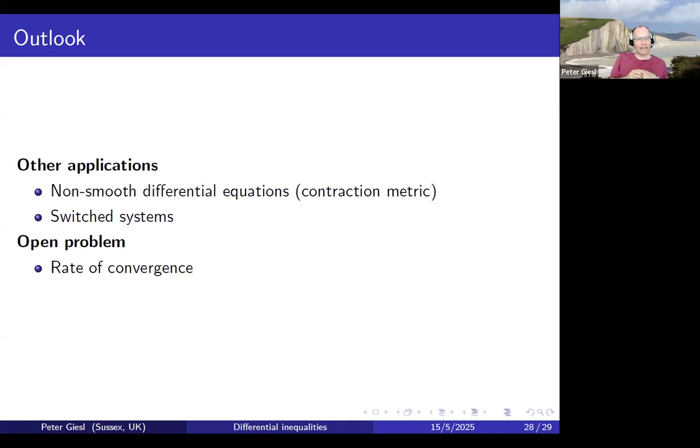And as I said, in this context, the thing that's still open, and that we would very much like to solve, is to get some rate of convergence of these discretized problems to the continuous problems, because these theorems exist for the equation case, but we haven't been able to show it for the differential inequalities. We've done some numerical experiments, and it looks like there should be a rate of convergence. We're just not able to prove it.